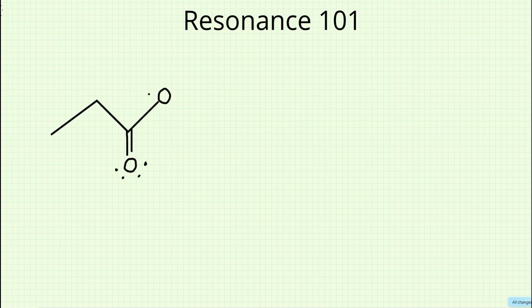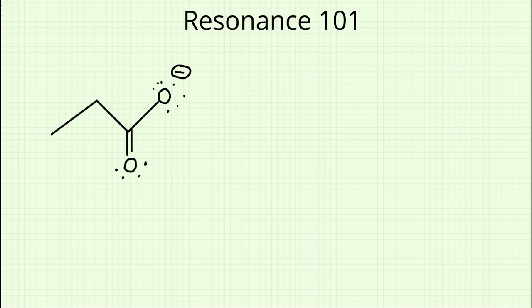But this one doesn't have a double bond or a pi bond. If you count it up, this would have six electrons or three lone pairs. That would give it a negative charge, since we know oxygen wants to have six valence electrons, but this one would have seven. The covalent bond here would be sharing one valence electron between oxygen and this carbon.